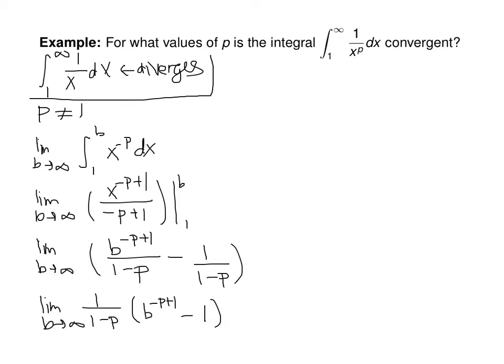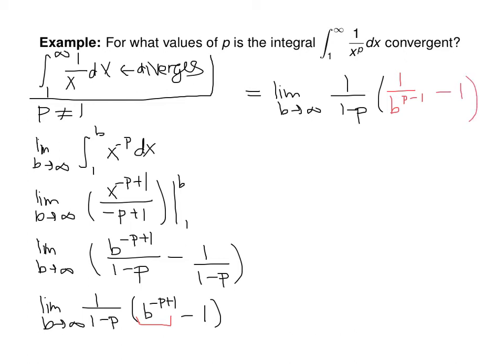So now we have the limit as b goes to infinity 1 over 1 minus p. Now b to the negative p plus 1 is the same thing as 1 over b to the power of p minus 1, and then minus 1.